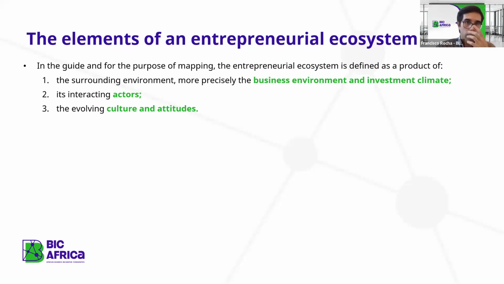Of course, we heard Douglas talking about the framework conditions that are related with entrepreneurship activity. We have many different studies that describe the entrepreneurial ecosystem and different specific aspects that compose it. But this specific guide defines the entrepreneurial ecosystem as a product of 3 things.